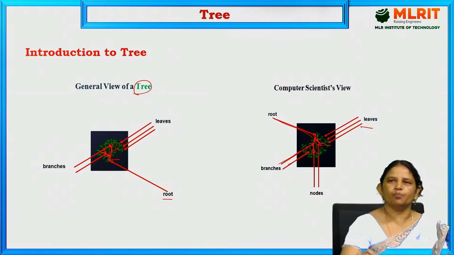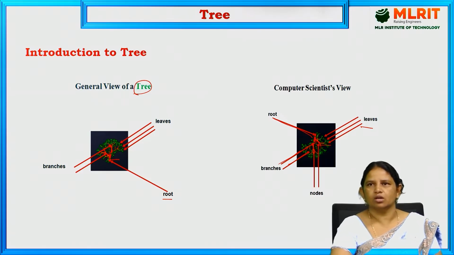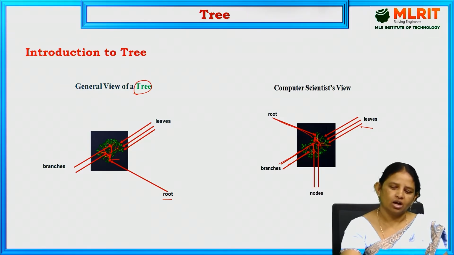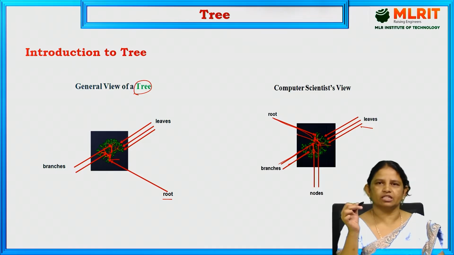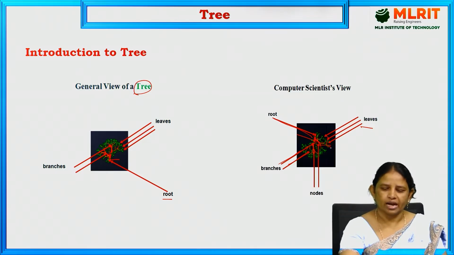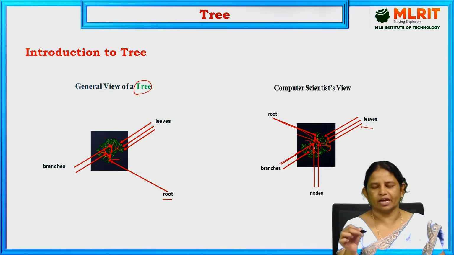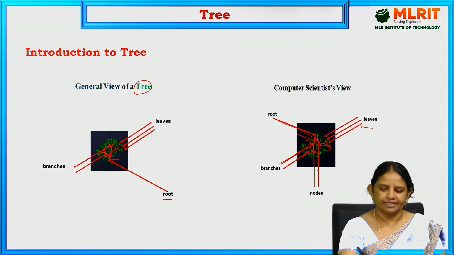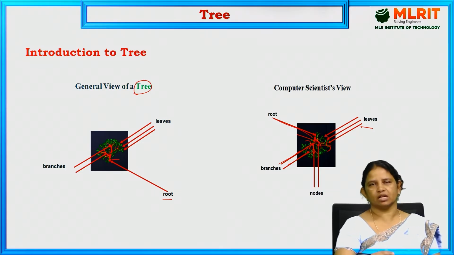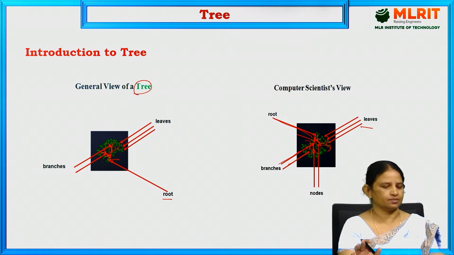The first node is called the root node. We can represent the tree like this.